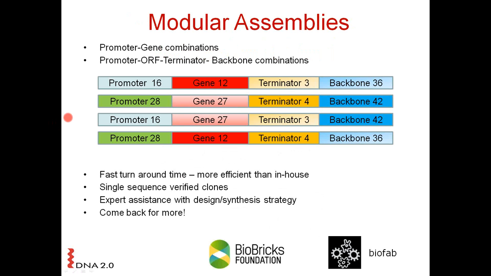A newer type of library that many customers are interested in now are so-called modular assemblies or BioBrick type libraries. And we have several customers that are ordering these in large numbers, and it's something that's generating a lot of interest.